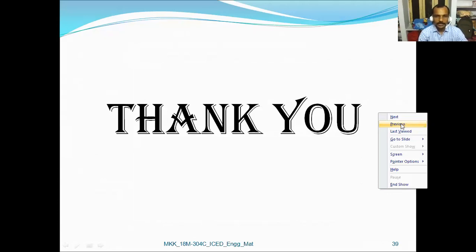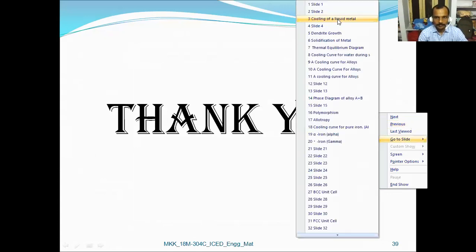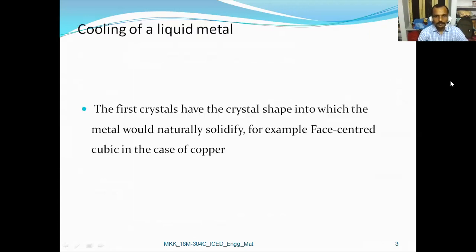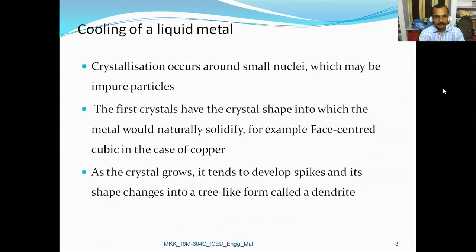Now let us have a summary of the topics covered in this presentation. We started with the cooling of a liquid metal, how the solidification process continues, how the solidification starts naturally and how the dendrites are formed, like the branches of a tree.